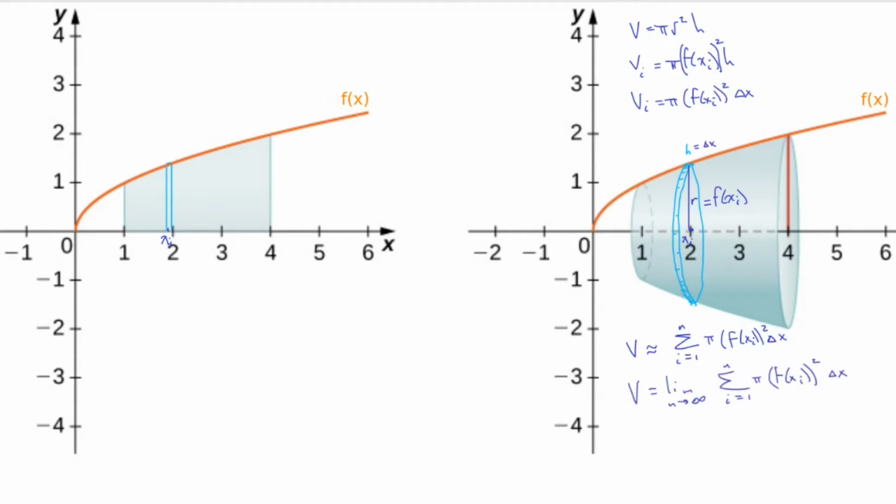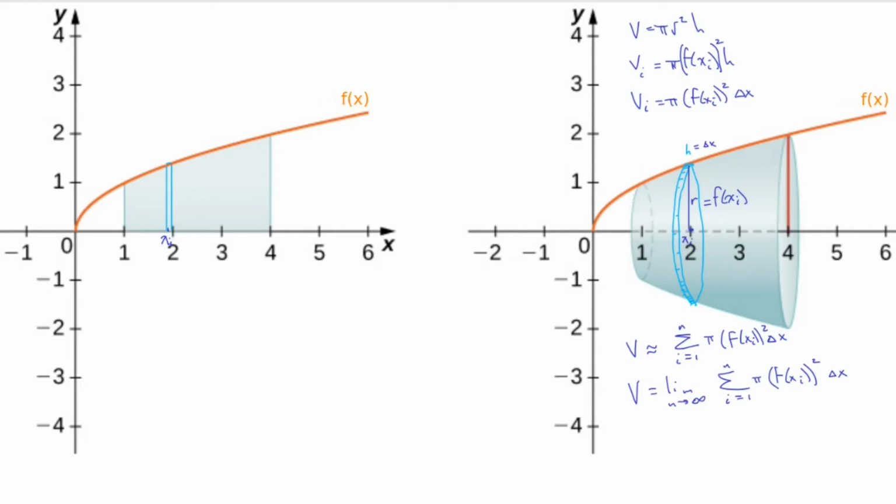But of course, just like you did in your Calculus 1 class with area, we're not really interested in an approximation of the volume. We're interested in the precise volume. And we define the precise volume as the limit as n goes to infinity of these approximations. In other words, what if you took infinitely many thin disks, so they would have to be infinitesimally thin, and added them all together?